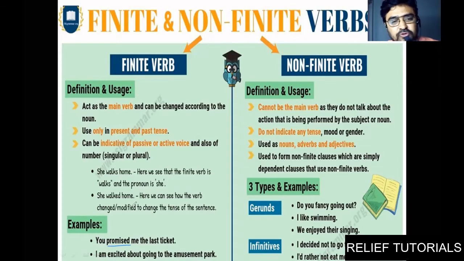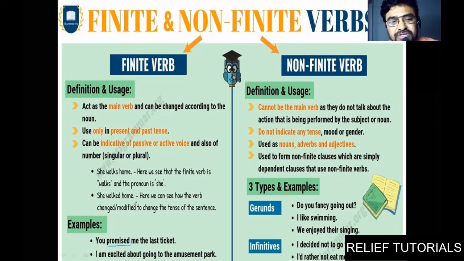It can also be changed regarding the number, singular or plural. As I gave you the example, if I say "child is crying," child is a singular noun, so it's followed by is. But if I say children, it is a plural noun followed by are.